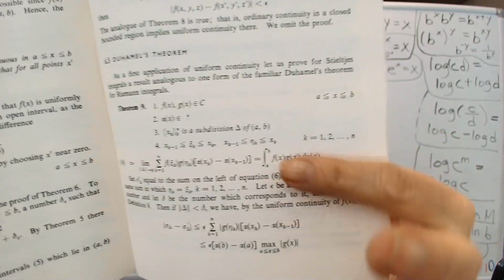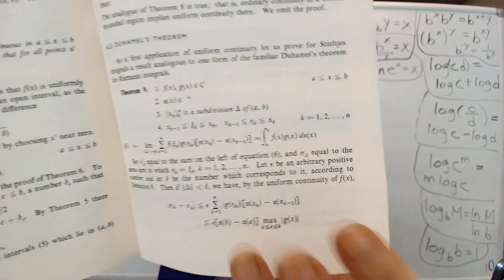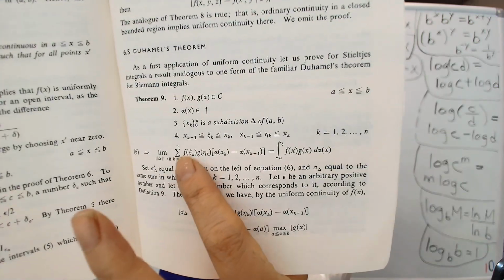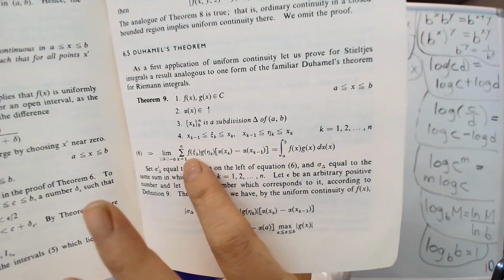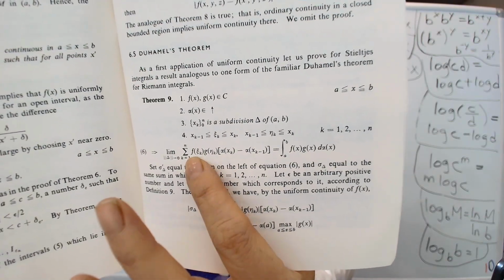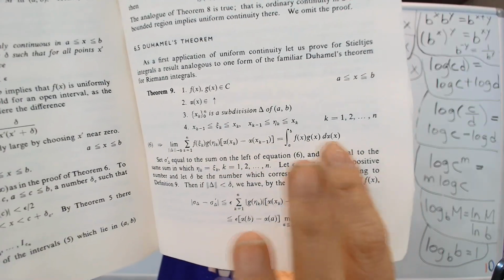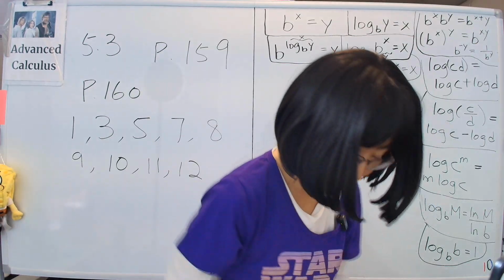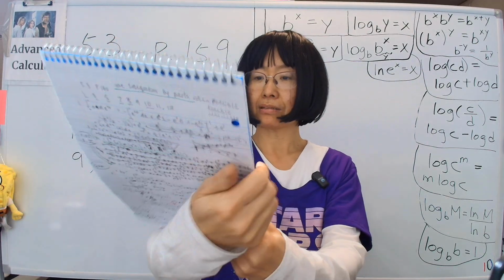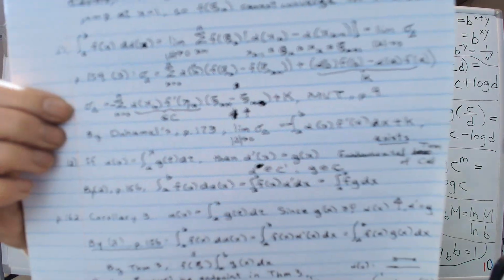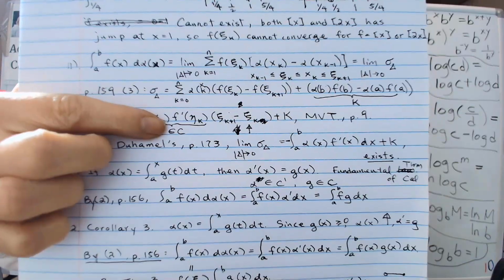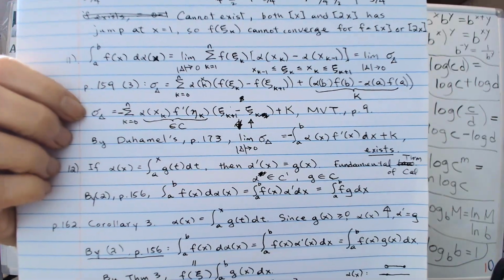So when you have this situation, even though you have f of psi k and g of eta k, it will still converge to this particular integral. So we're going to apply that here. And we said that f is differentiable, so it satisfies the requirement.